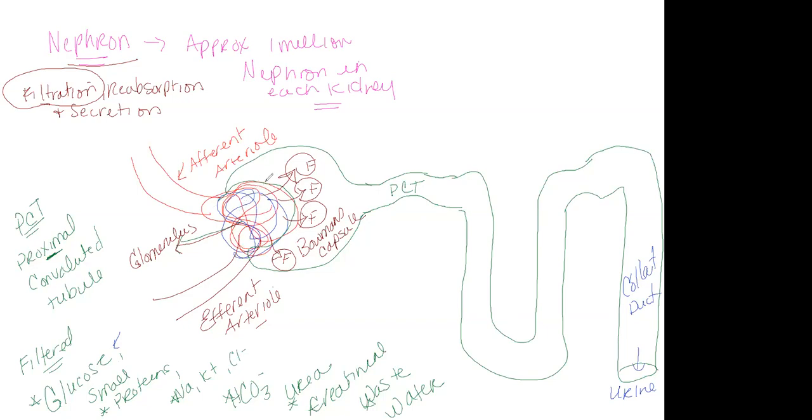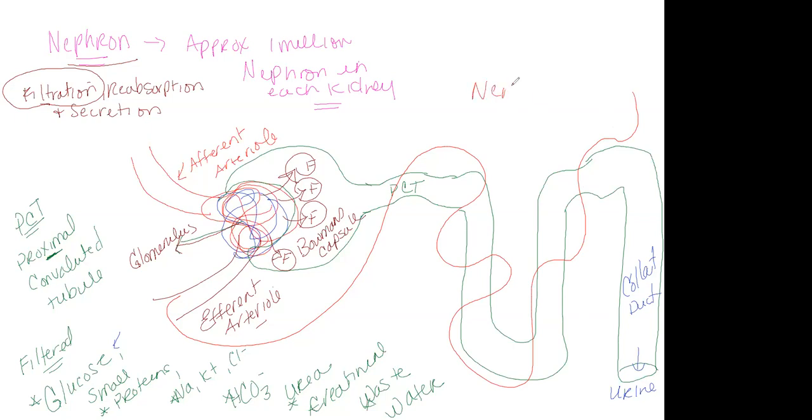It was filtered at the glomerulus, and then it left through the efferent arteriole. Well, this efferent arteriole leads into the next set of capillaries, which we call the peritubular capillaries. These peritubular capillaries surround the nephron.